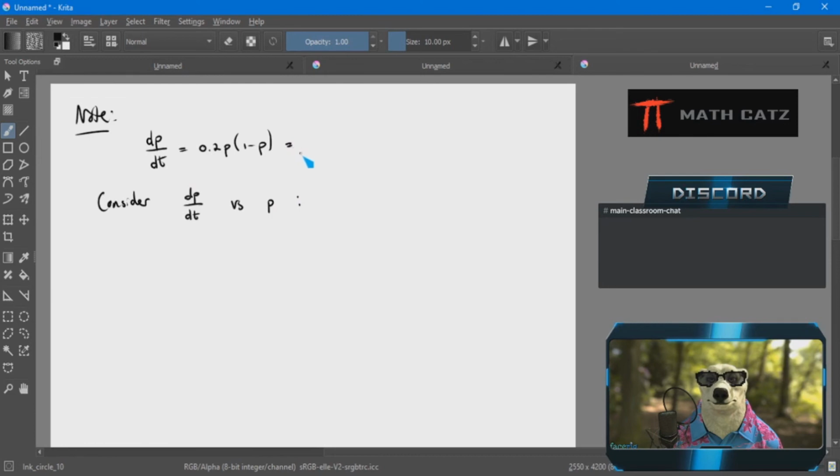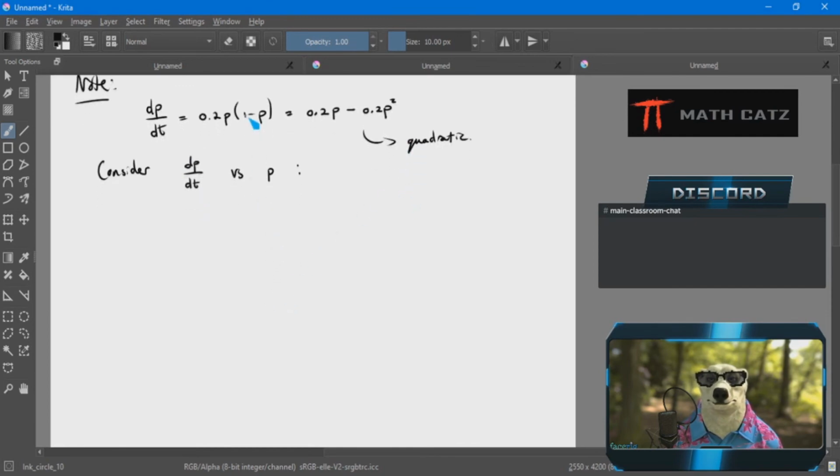If I simplify the right-hand side to 0.2p minus 0.2p squared, I see that the right-hand side is quadratic. So the growth rate, not per capita, is a different note now. The growth rate is a quadratic function in p. And it's a simple quadratic function as well, because I can see the intercepts and everything.